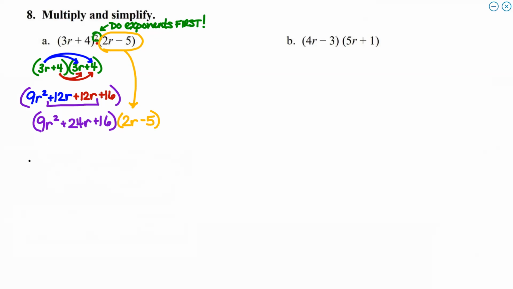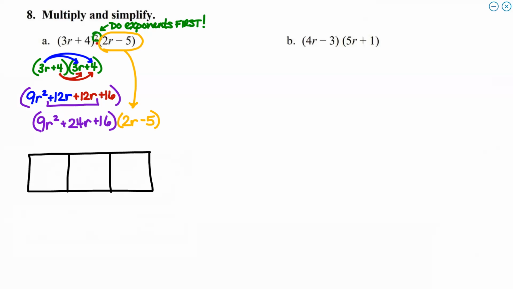So if I want to use an array to help me multiply, I'm going to draw a rectangle. Do you see how the polynomial in purple has 3 terms? I'm going to take one side of my rectangle and I'm going to break it into 3 parts. And I'm going to write one term above each part.